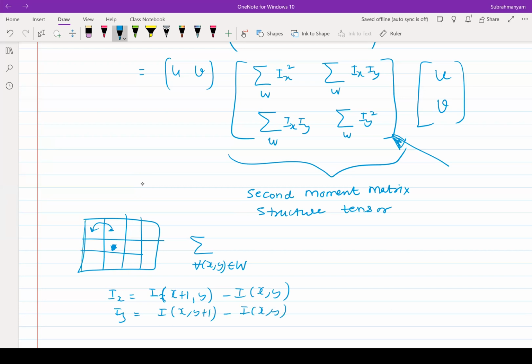You go to each pixel in your window and do these calculations for each pixel, and this summation is where you would be summing them up over the entire window. On the other hand, here you would be multiplying Ix and Iy and then summing over all pixels. That's what you would do to get these two off-diagonal elements.